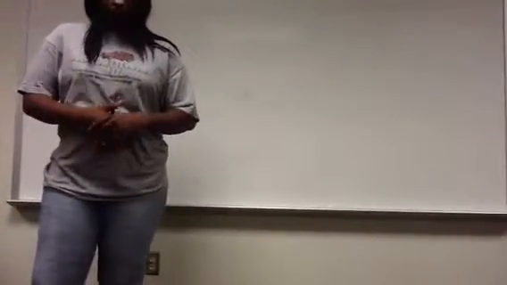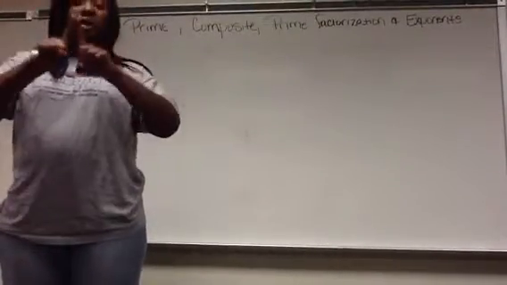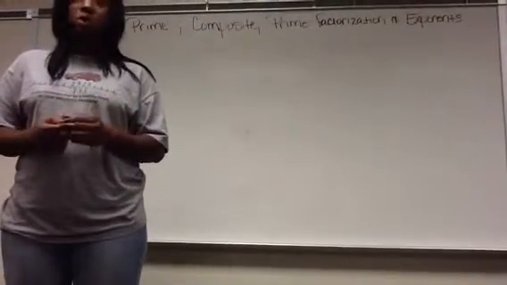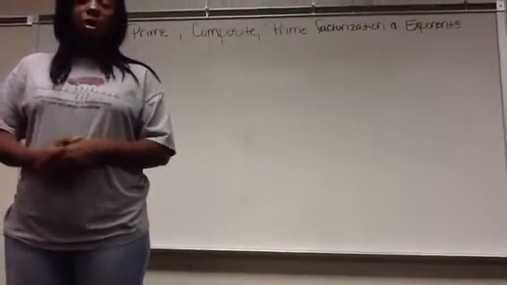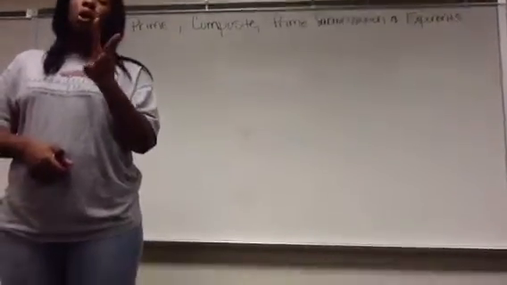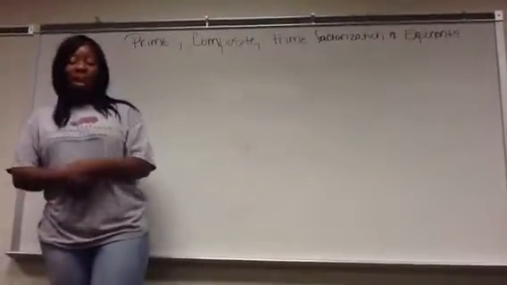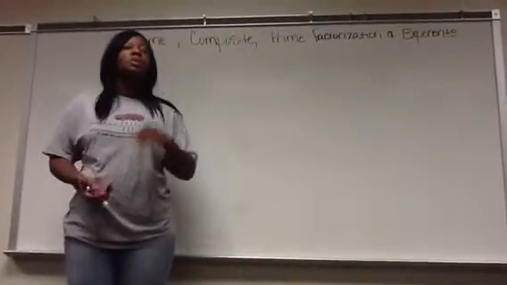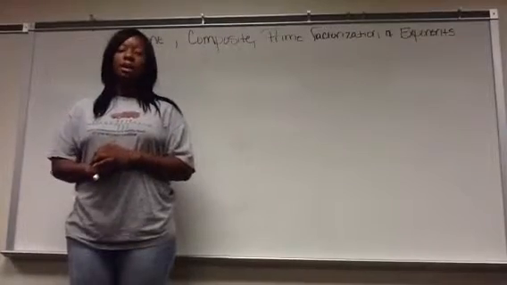A good example is the number 3. 3 is a prime number because only two numbers in the whole wide world will multiply together to make the number 3. That's 1 times 3. That's it. 5 is also a prime number because there's only two numbers in the whole wide world that'll multiply together and make the number 5. Same with the number 11. It's prime because only 1 times 11 multiply together to make the number 11.